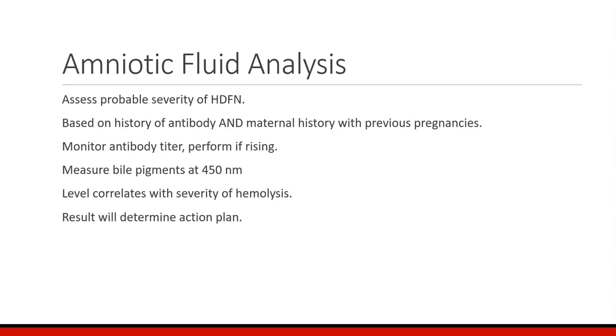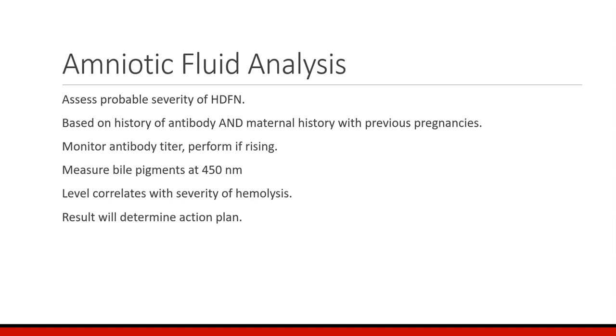If it's determined that this immune antibody is causing issues, one thing they're going to do is follow this mom with titers. Because if the titers are going up, that indicates that the baby's antigen positive and she's being stimulated. So in order to assess the probable severity of HDFN, amniotic fluid analysis is done.